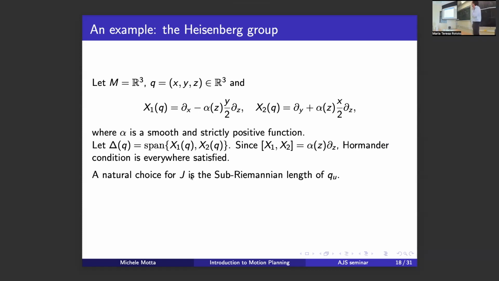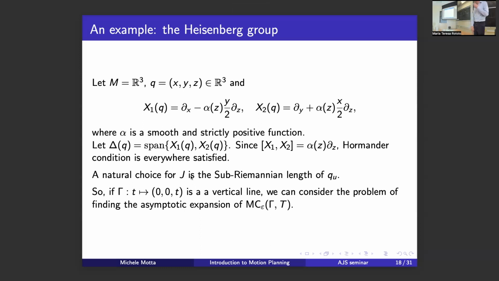And these two vector fields span a distribution, and if you compute the bracket of these two vector fields, you see that this goes in the vertical direction, which is linearly independent of the first two. So we have that the condition is everywhere satisfied. And in this case, as a cost for a path, we can use the Riemannian length of this path.